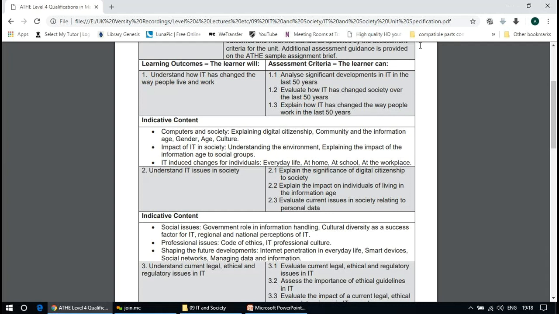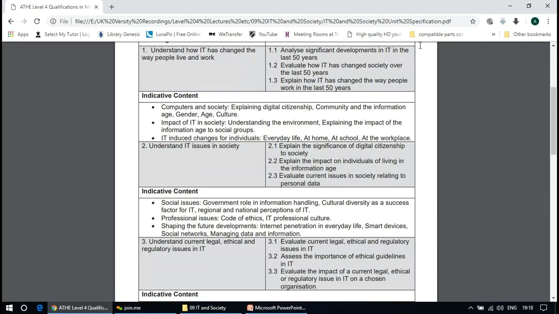So this is literally repeated, but obviously we will be going through the indicative contents like social issues.